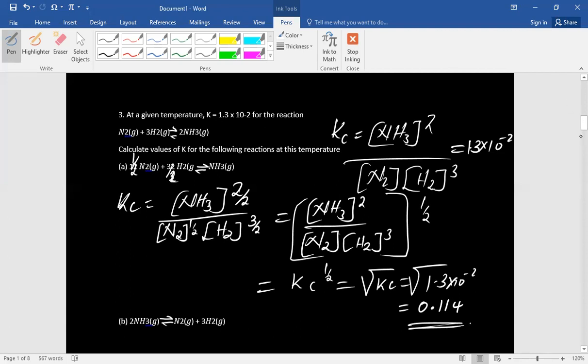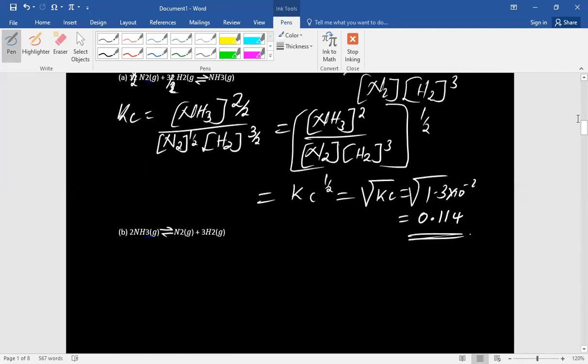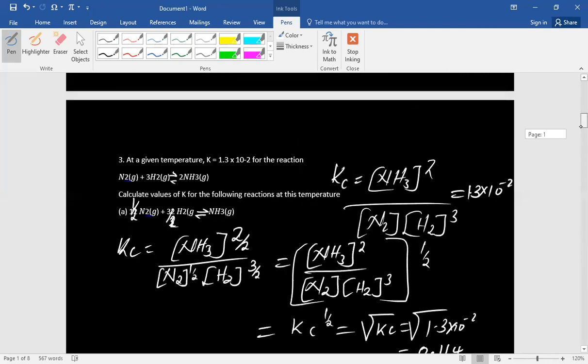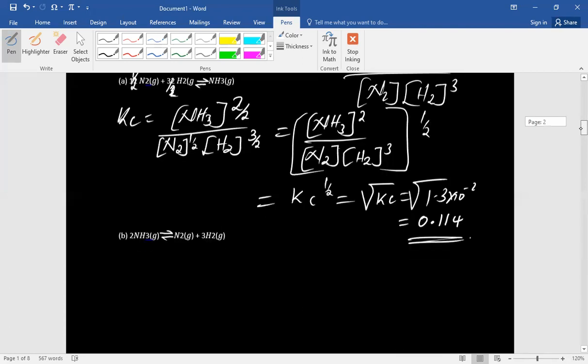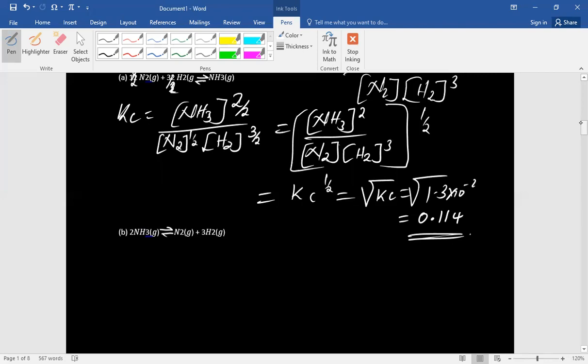So let's go to the next question, which says we have 2 NH3 gas plus N2 gas, so everything gaseous. So if you take a look at this reaction, it's actually the same as the one in the main question. The only thing that has happened here is reversing. They have reversed this reaction.